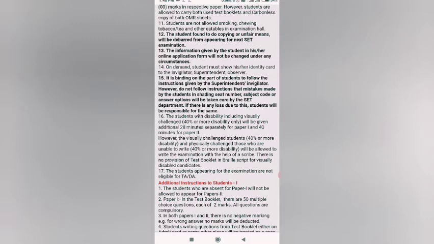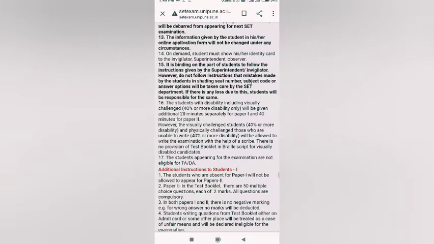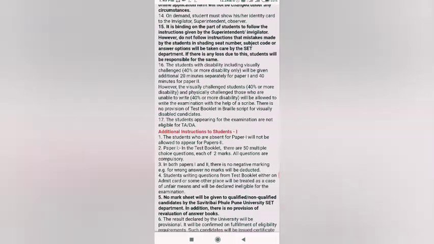You can bring either an Aadhaar card, election card, PAN card, or driving license, etc. The student should follow the instructions given by the invigilator or superintendent. Here are some instructions for students with disabilities. If you are visually challenged, you will be given an additional 20 minutes.